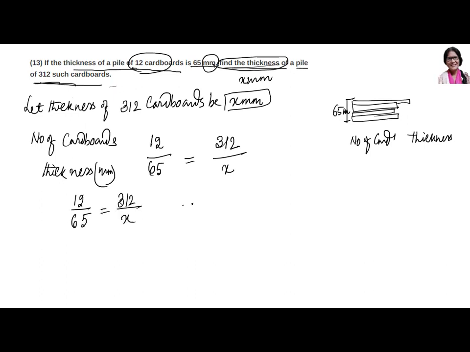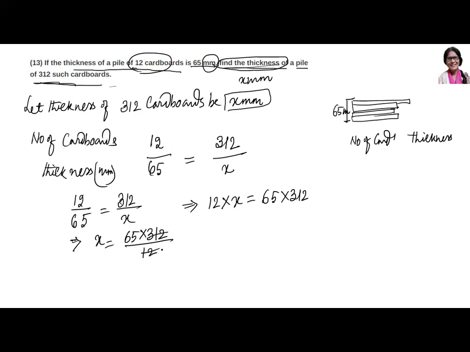Now cross multiply. 12 multiplies x is equal to 65 multiplies 312. Or x is equal to 65 multiplies 312 upon 12. Cancel.